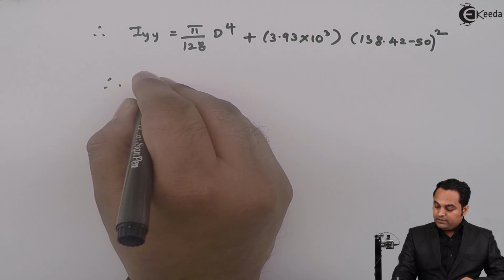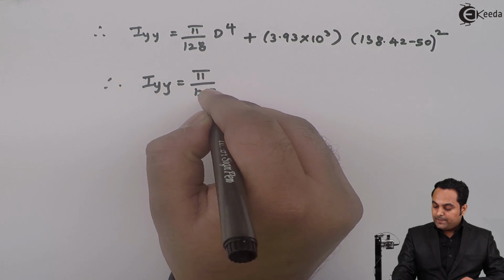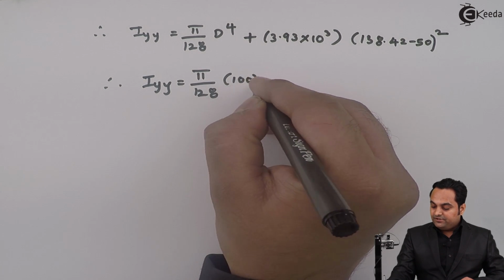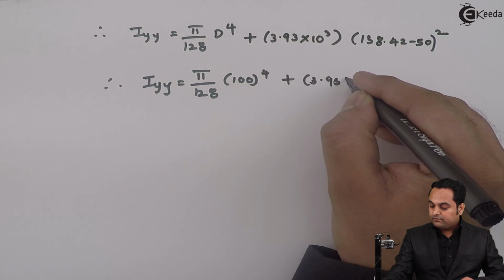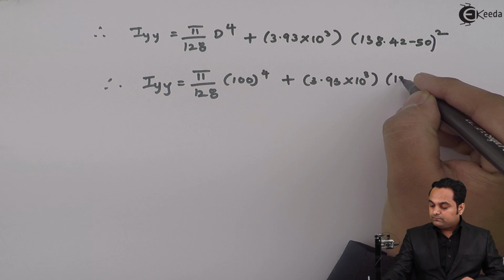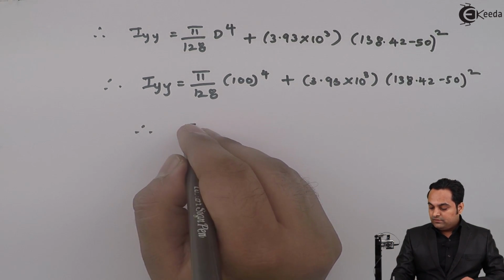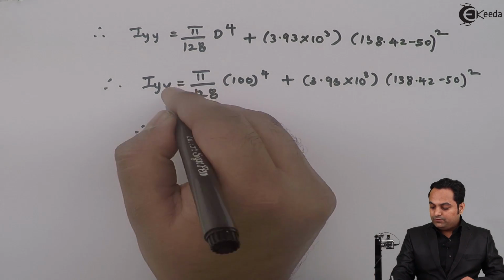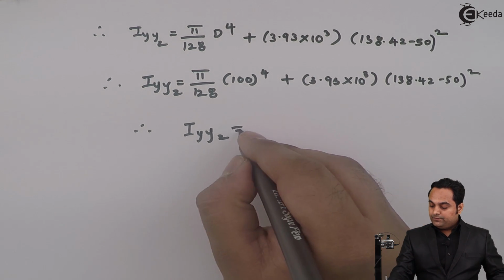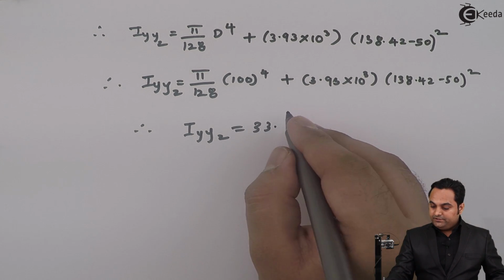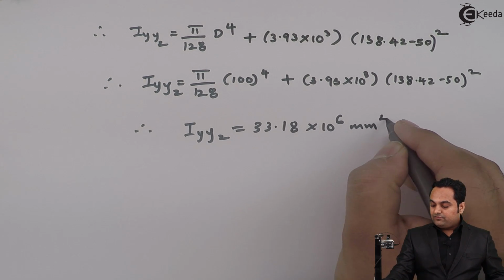So here if I put the value of the diameter as 100 raised to 4 plus this, from this I'll get the answer of Iyy2 as 33.18 into 10 raised to 6 mm raised to 4.